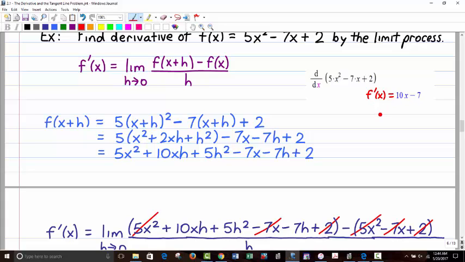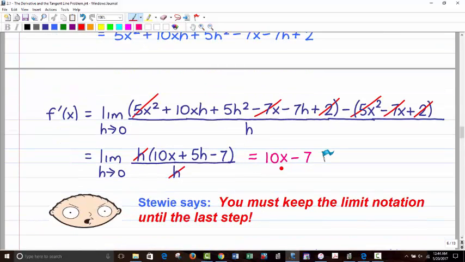But the student needs to know that a derivative is actually a function. So it's a function that you're evaluating, so it's got to have notation in front of it. Whether it's f prime or y prime or something, otherwise it's not really correct. So I'm saying that equals 10x minus 7, but maybe I should put that in pink also, couldn't I? But yeah, really that f prime of x goes with that 10x minus 7. But with all those equal signs, I kind of have it linked together anyway.